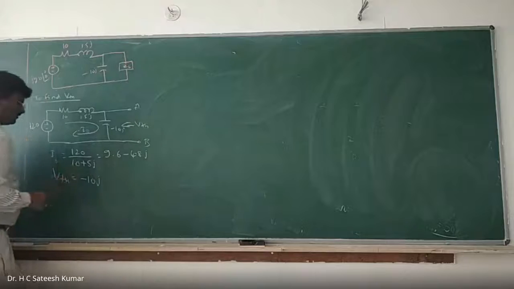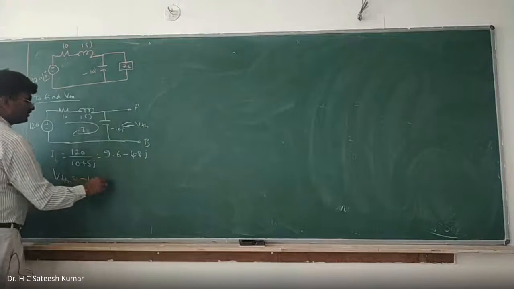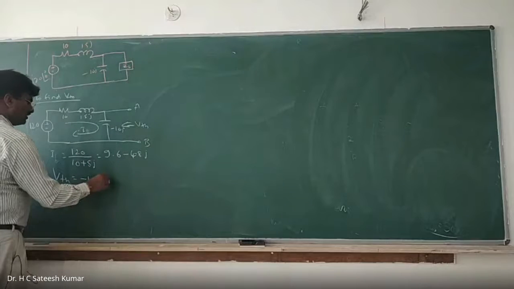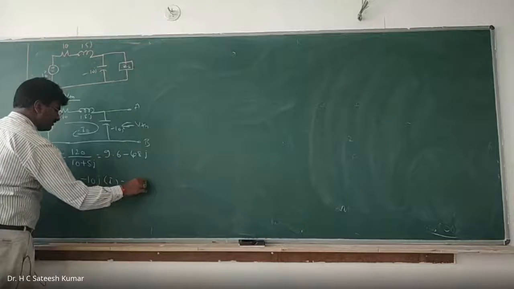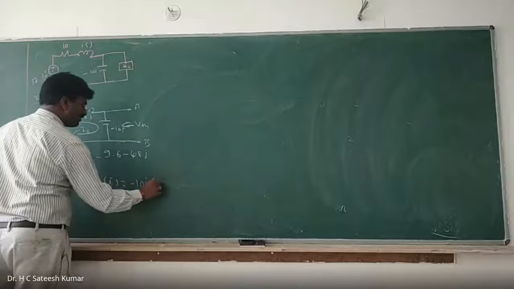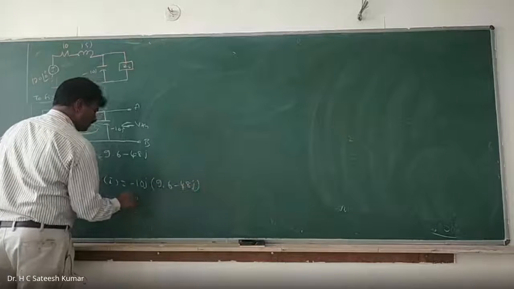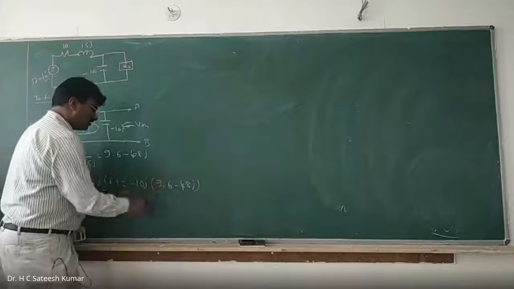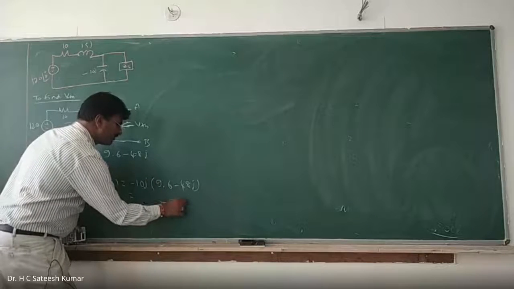VTH is equal to minus 10J into minus 10J, against means plus only, into I, which is equal to minus 10J into I, that is 9.6 minus 4.8J. J component this side I'll write it. 96 minus 96J, we got it.